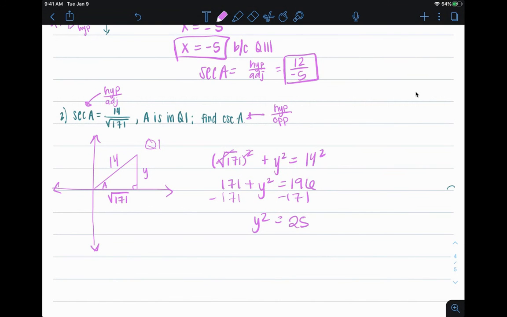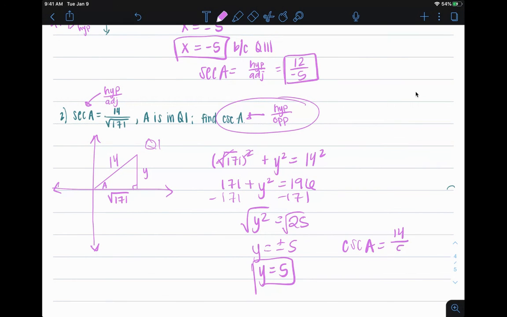Square root both sides, you get y is equal to plus or minus 5. Again, is it positive 5 or negative 5? You have to look at which quadrant you're in. We are in quadrant 1, which means both x and y are positive, so y is equal to 5. Using this, how can we determine cosecant of A? Cosecant of A will be the hypotenuse over the opposite. Hypotenuse is 14, opposite is 5. This will be our value of cosecant of A.